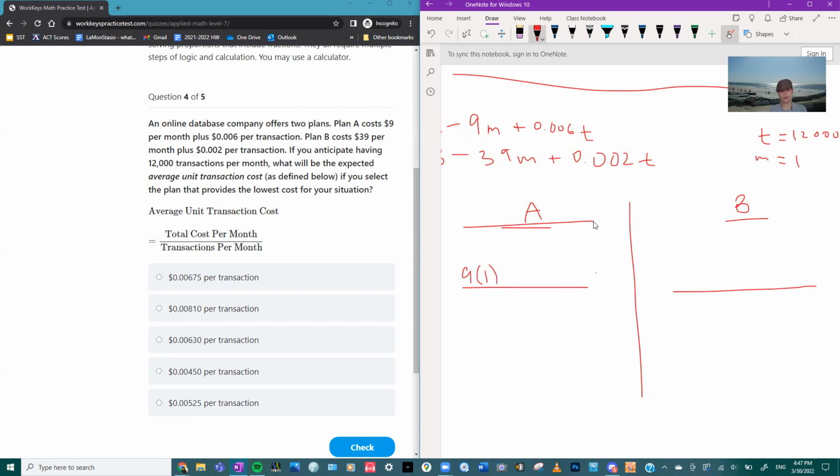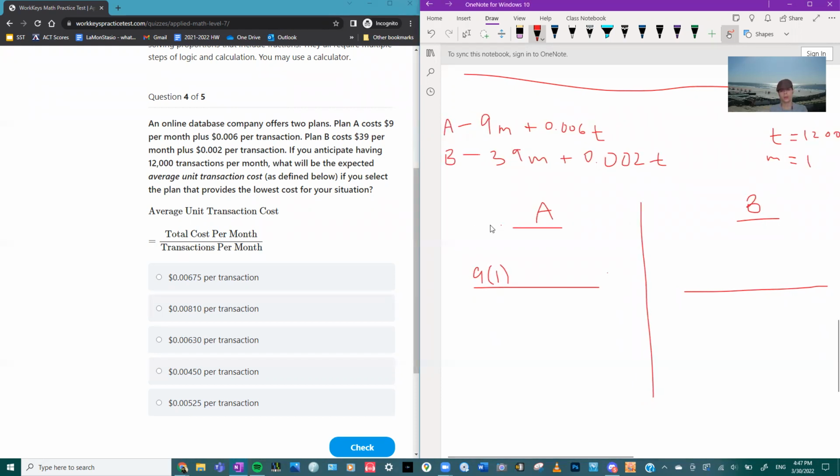M is 1, and you add that to 0.006T, and T is 12,000. And you have to divide that by the total transactions, which is still 12,000.